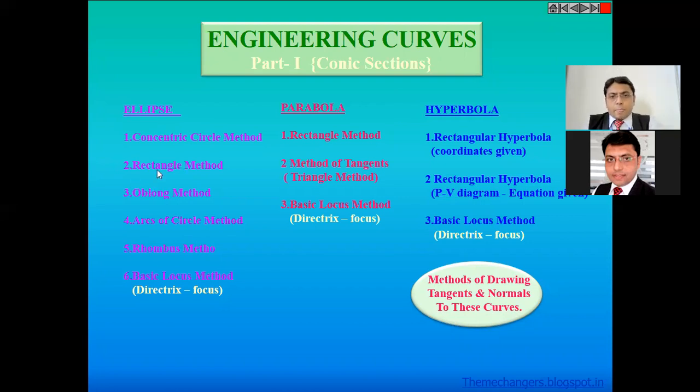So today the different methods are the concentric circle method, rectangle method, oblong method and arc of circle method. These methods are very important for all academic students of engineering to learn.